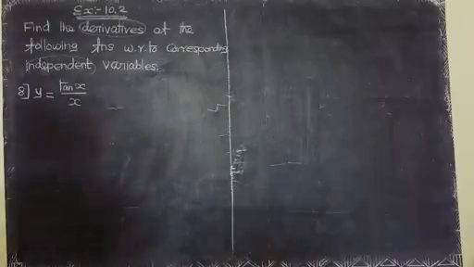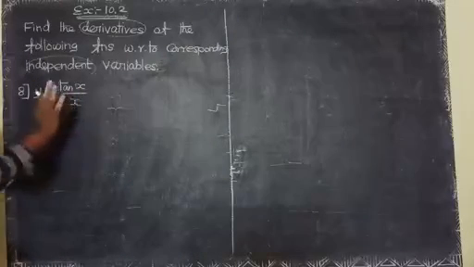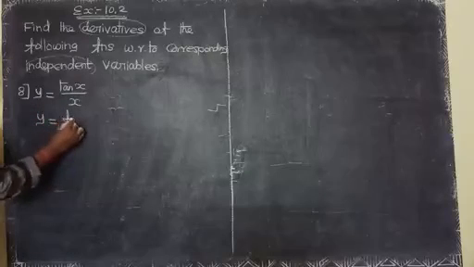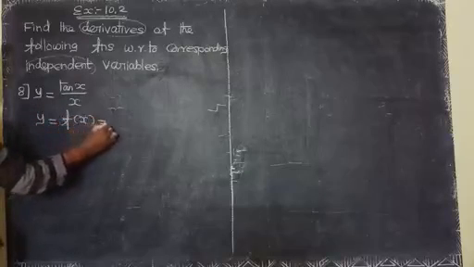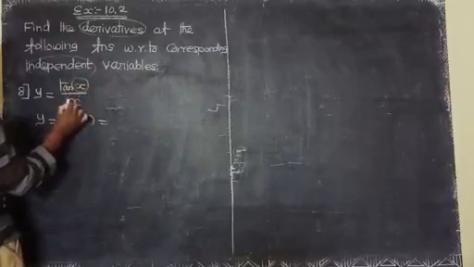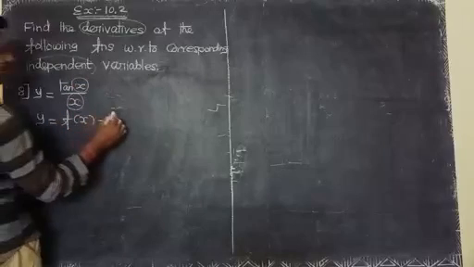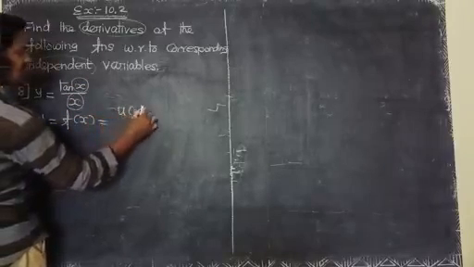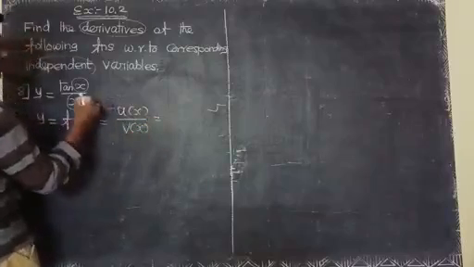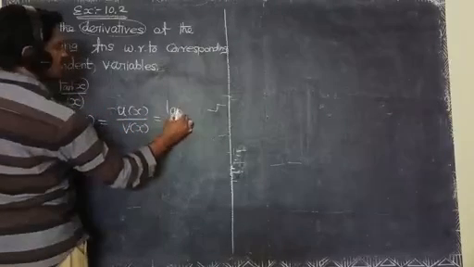Question number 8: y equal to tan x divided by x. The given function y equal to f of x has x in the numerator and also in the denominator, so it is in the structure u of x divided by v of x, which is tan x divided by x.